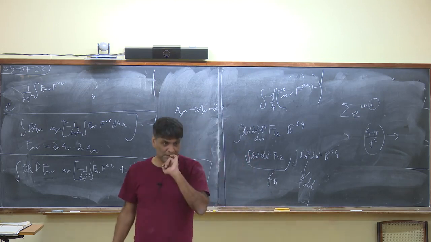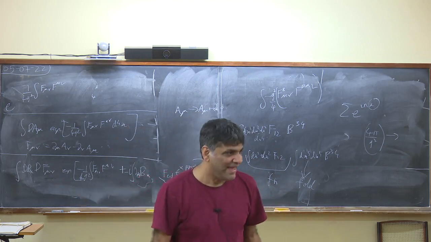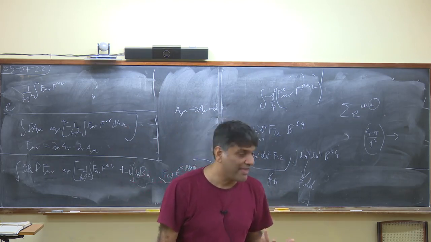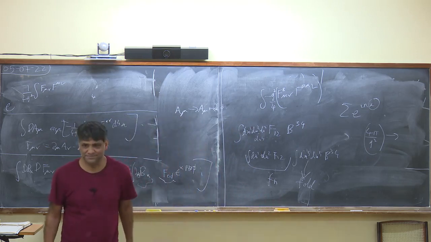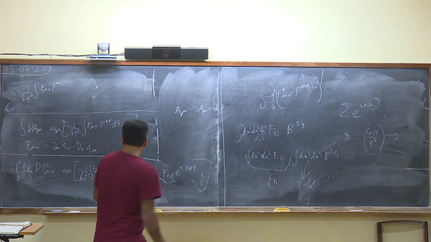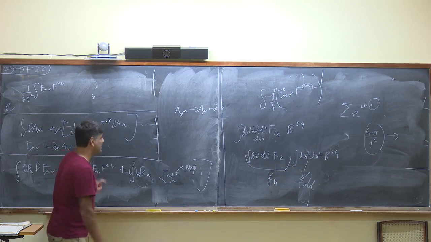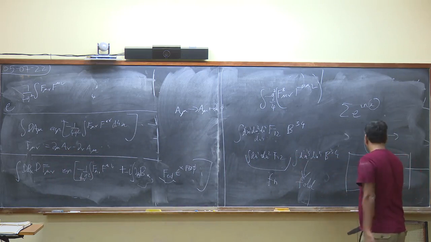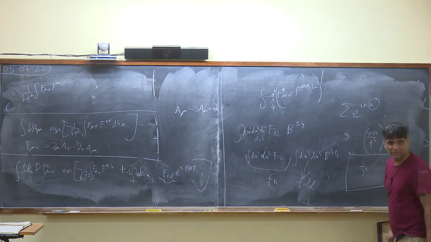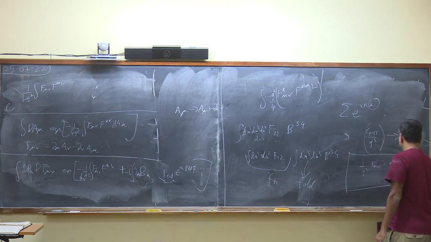Notice that you get the same physics and even the same action, but the variables are very different. The equation of motion that you solve by completing the square here tells you that, up to some factors of order 1, F mu nu is equal to star of B mu nu.